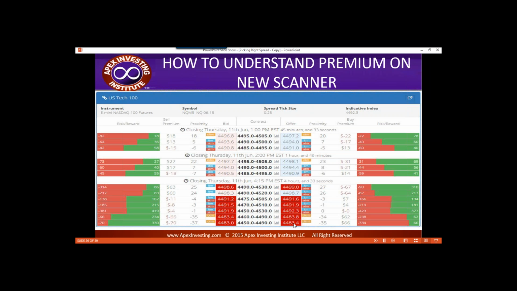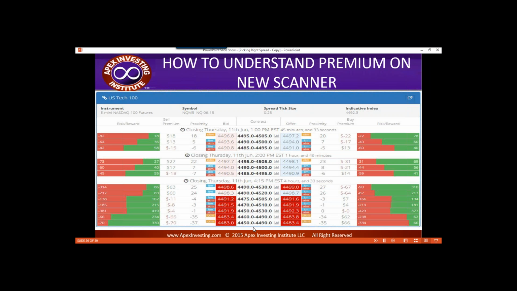So I can buy it way below the market. So automatically, if I get into this spread, I'm buying it so far below the market that at expiration, as long as the market stays where it is or goes up or even goes down a little bit, I can still make money.